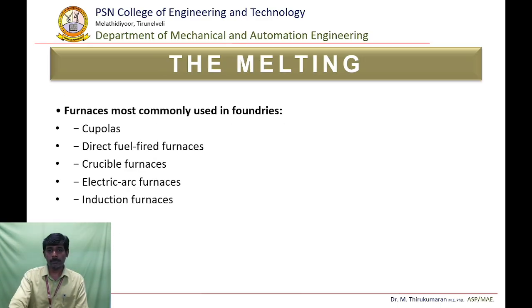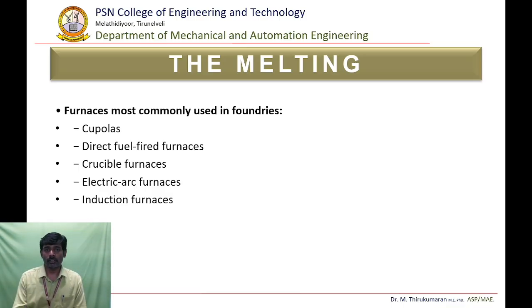Next are melting methods. Generally the casting process is used for metal materials. What are the raw materials of the metal? Like powder, raw rod, raw sheet or raw steel.